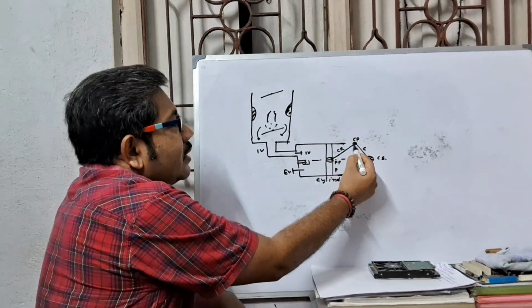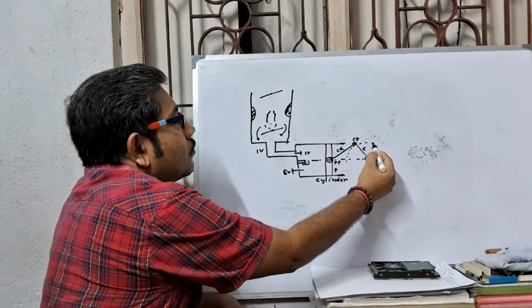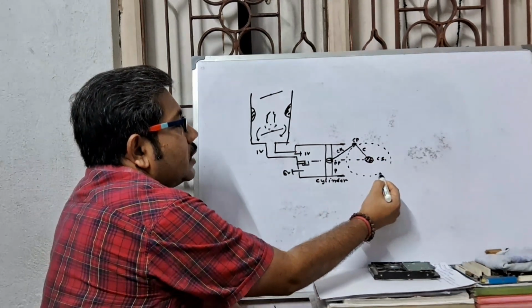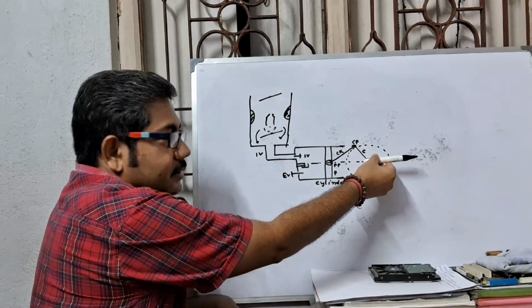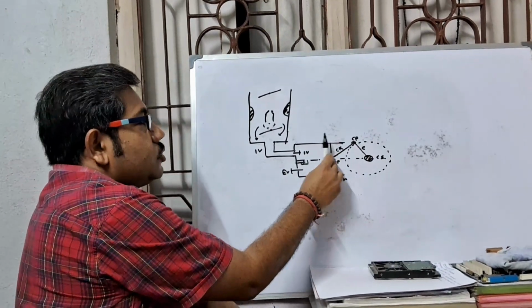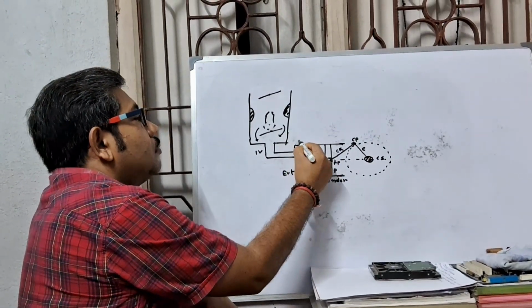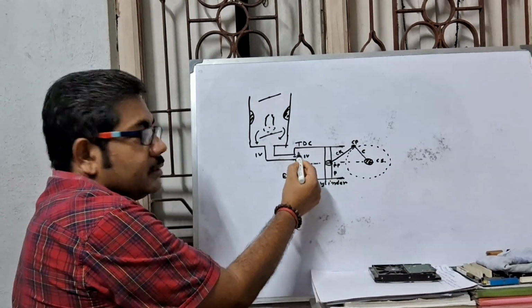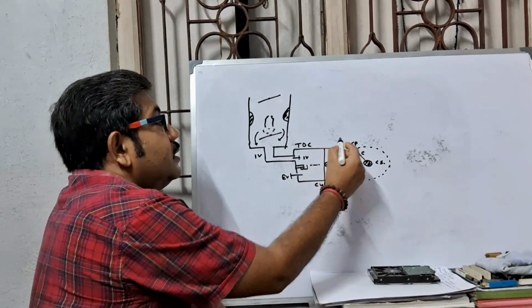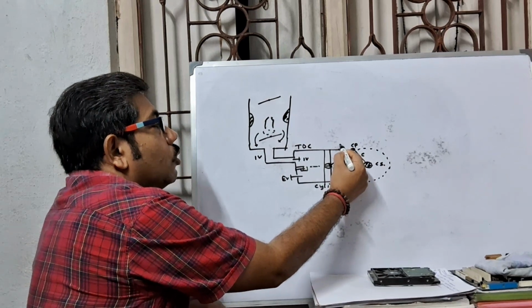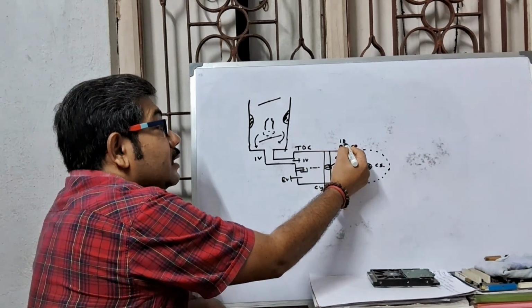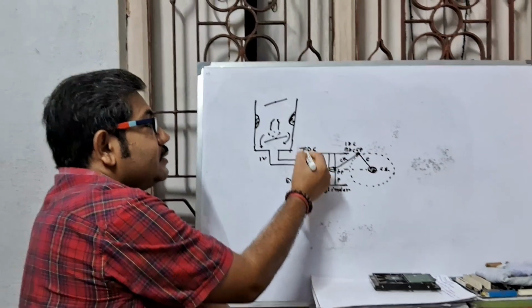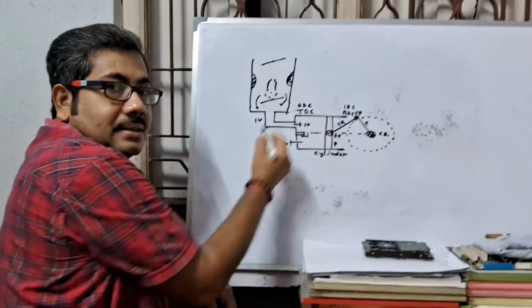Now the crank rotates from left side to right side, due to which the piston moves from TDC, that means top dead center, to bottom dead center or inner dead center, and this is outer dead center.